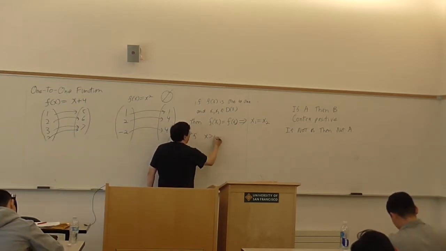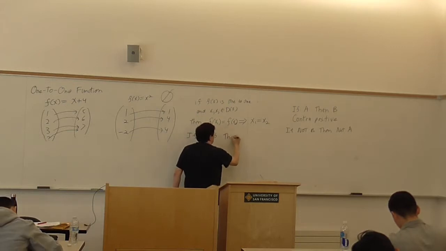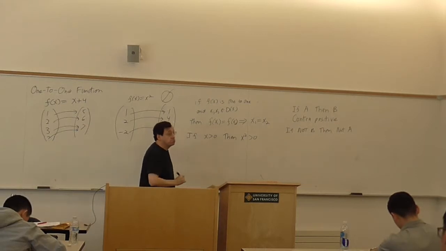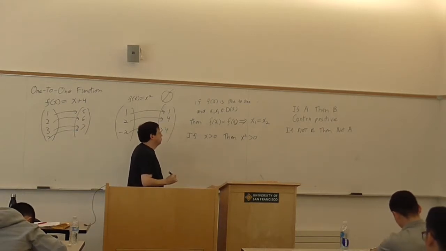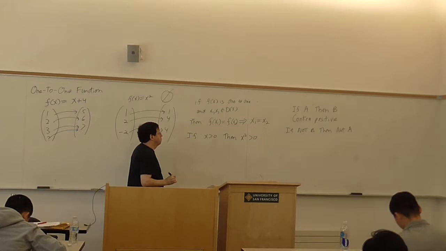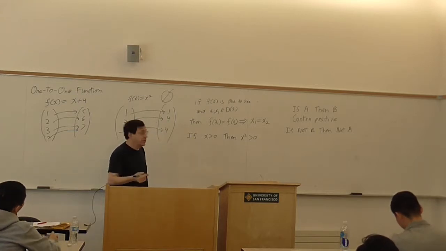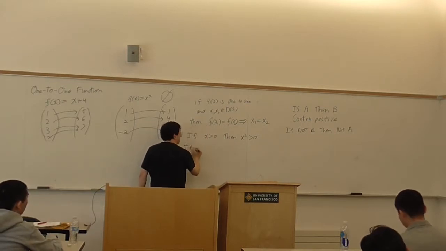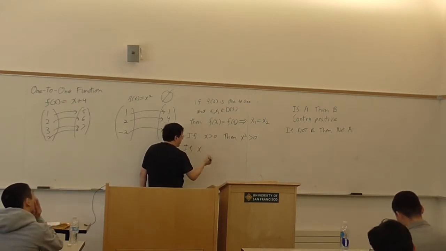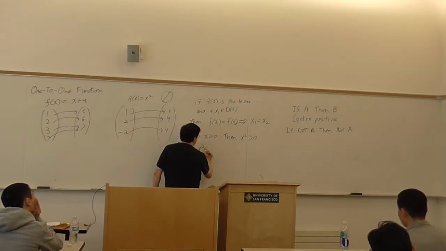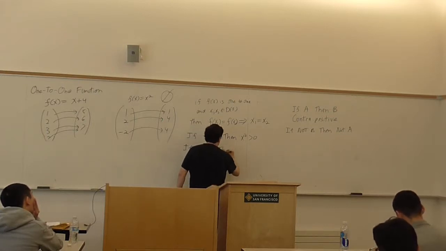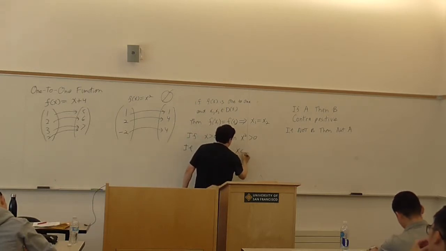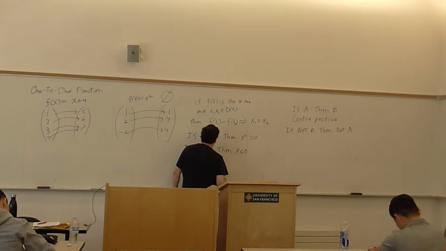If x is greater than 0, x squared is greater than 0. Okay, just think of what the negation of x squared greater than 0 is. If x squared is not greater than 0, x squared is less than or equal to 0. And what's the negation of this? Then x is less than or equal to 0.